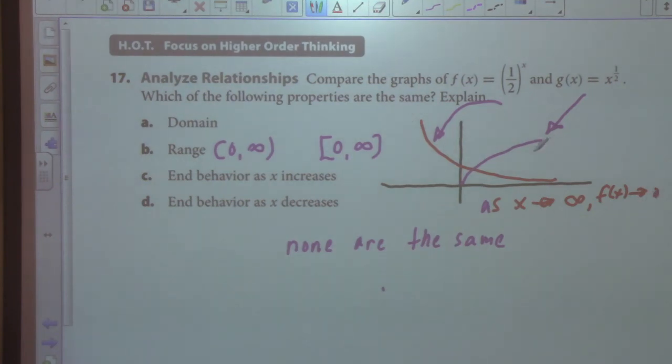And for this one up here, g of x, as x approaches infinity, g of x approaches infinity. So one approaches infinity, and this one here approaches 0.